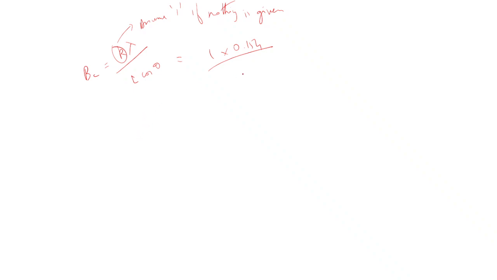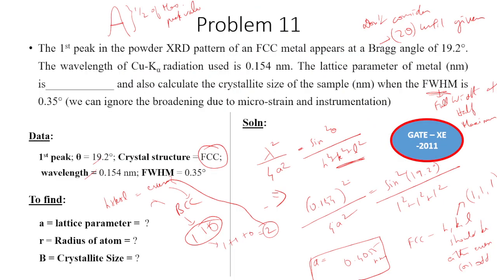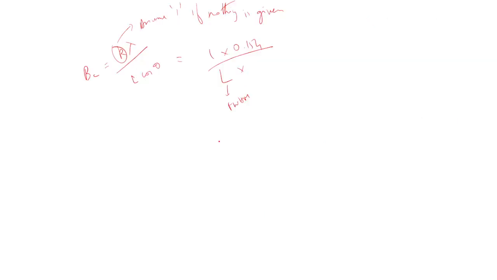Sorry, L is FWHM. I wrote a different terminology. Yeah, L is FWHM, and the cos theta value is cos 19.2.